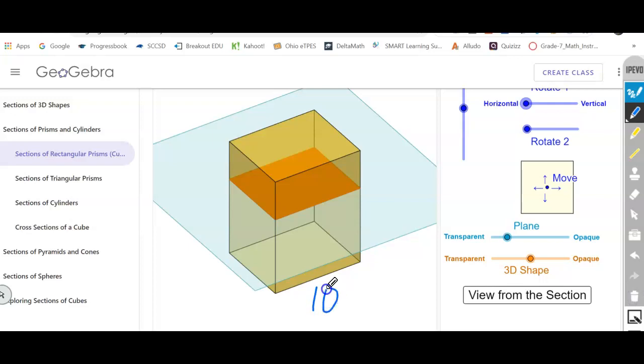They'll say that this length is 10, the width is 5, and the height of the prism is 20. So now they'll say, okay, well, if that is the dimensions of the entire prism, what would the dimensions be of just that cross section, the slice?